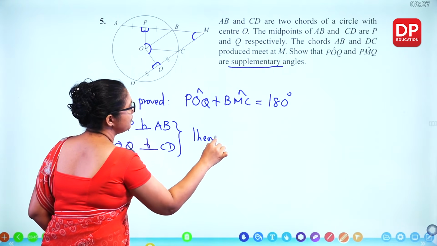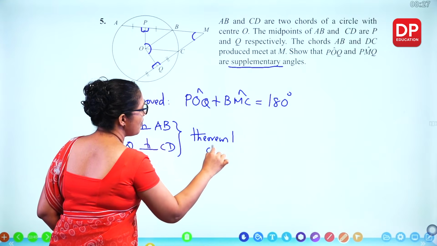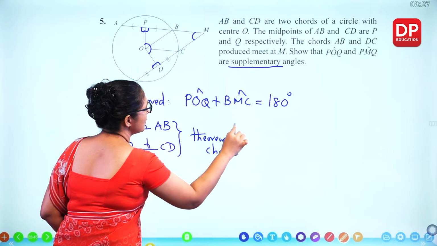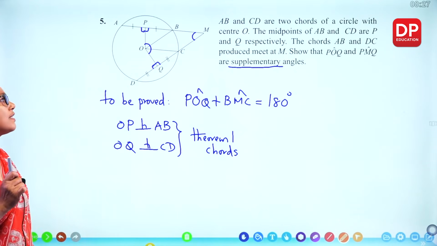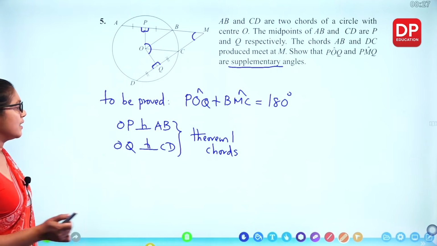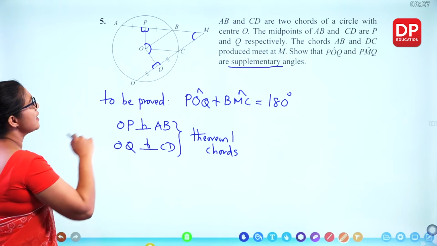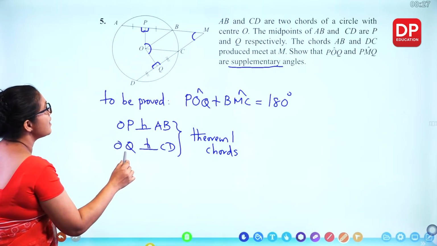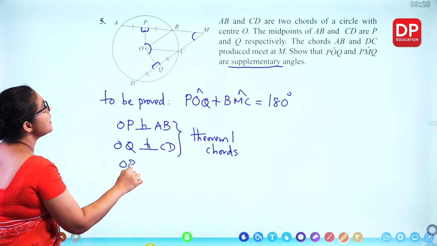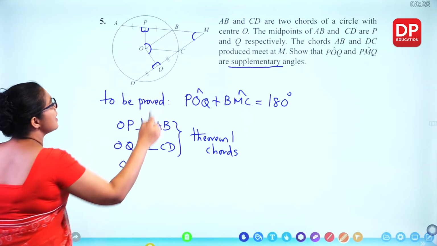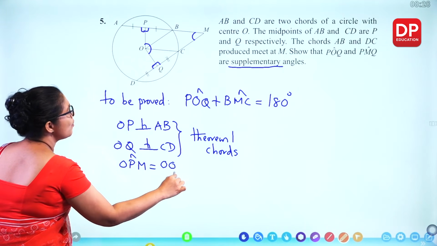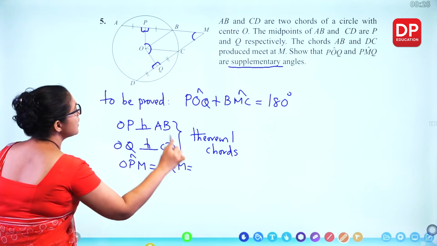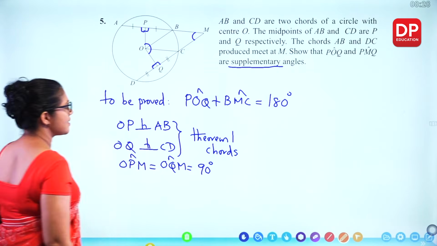Theorem number 1 about chords. Can you remember the theorem? The line joining the center to the midpoint of the chord is always perpendicular to the chord. So these are perpendicular, so you can straight away write down angle OPM and angle OQM, both are 90 degrees.